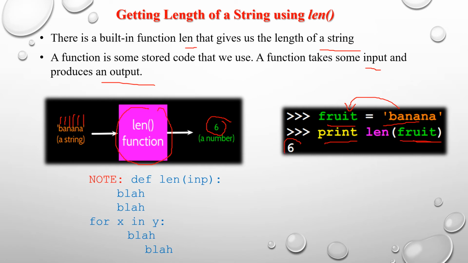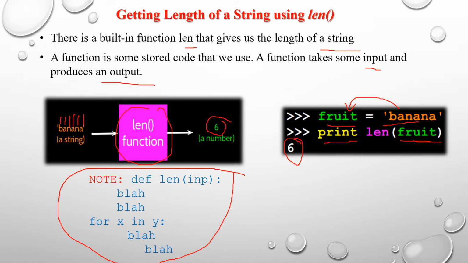So here we get the length of the string. The len function is a generic function and this is default code, so the user doesn't need to write the code. This is one of the inbuilt functions in Python. So you just call the len function, and if you give the input, the output is the length of the input string.